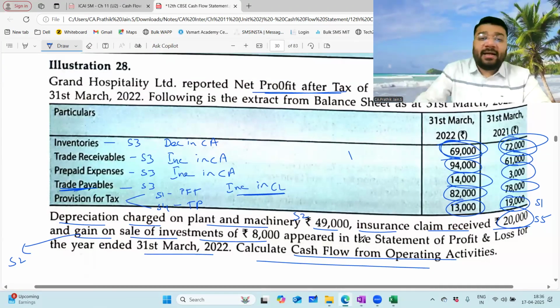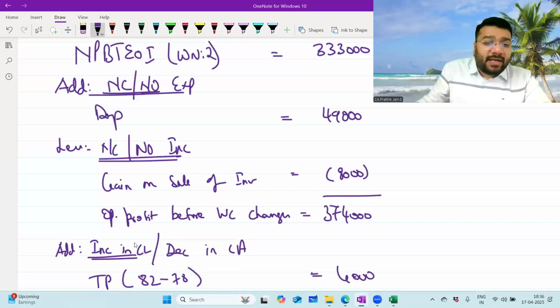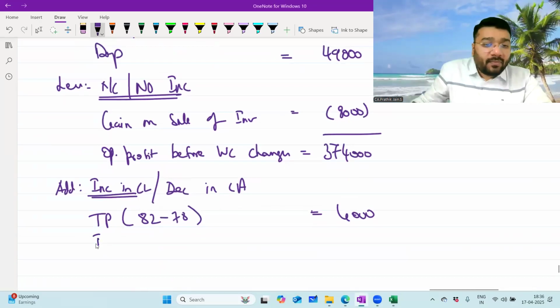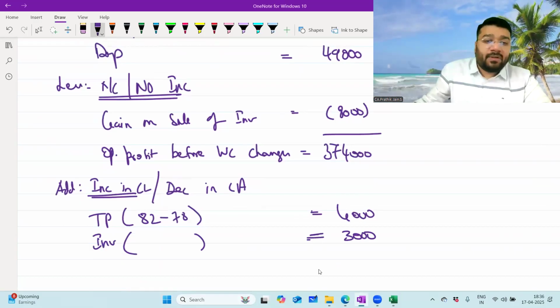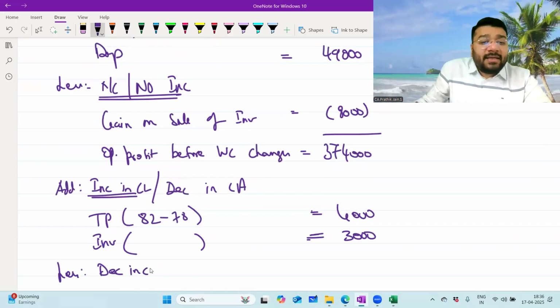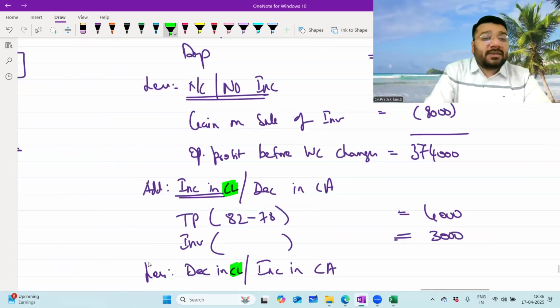Is there any decrease in current asset? Inventories, 72 minus 69, 3,000. That's all. Less decrease in current liability and increase in current asset. Always the first placement will be current liability. How do you remember this? Very simple.